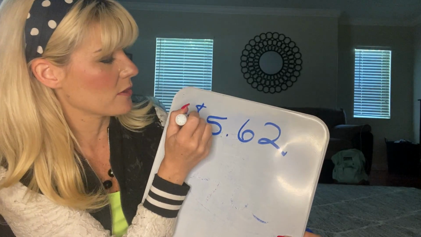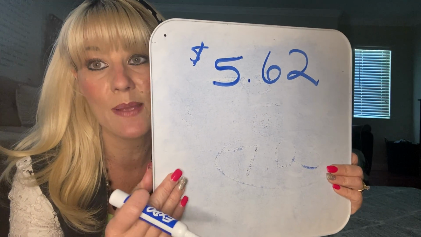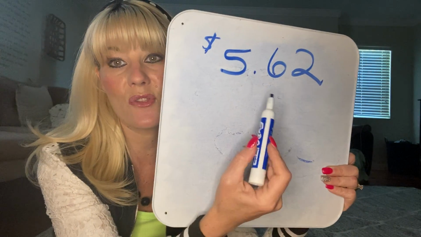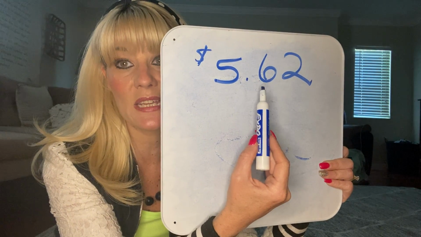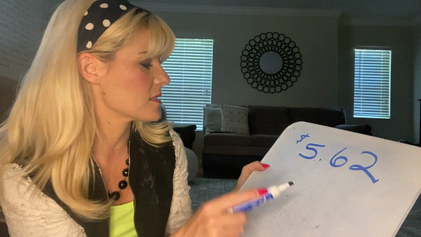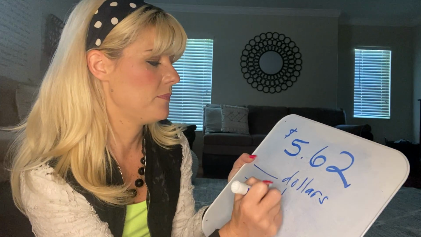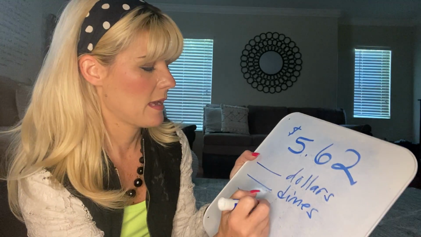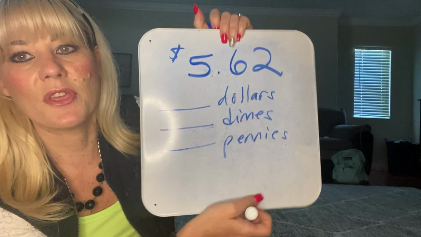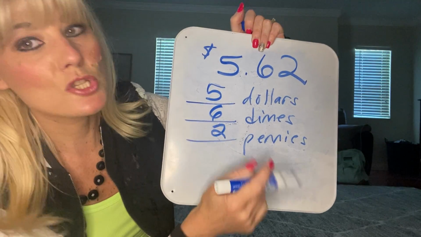So if you put a dollar sign on up here, it's the same thing. 5.62 is the same thing as $5.62. You have to know that this place value right here is the dimes and this is the pennies, okay? So you might see this on a test and it might ask you how many dollars, how many dimes, how many pennies, right? So there are gonna be $5, 6 dimes, 2 pennies.